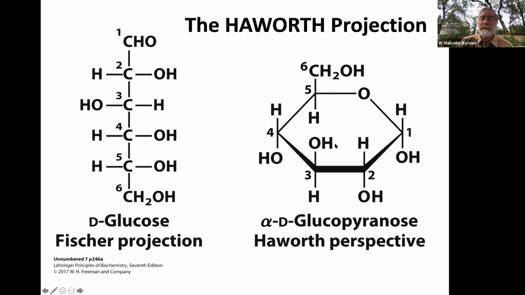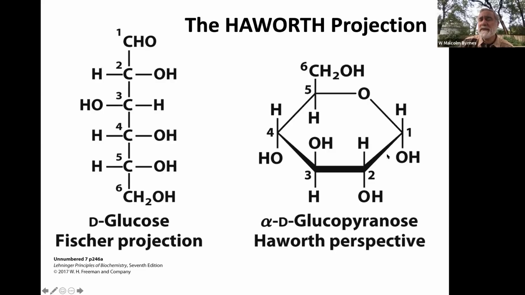So now, I kept talking about something being above and below the ring. And that's because we can represent the ring or think of the ring as being three-dimensional. And when you draw a ring like this, you draw it in such a way as to make it perpendicular to the plane of the page or the screen.